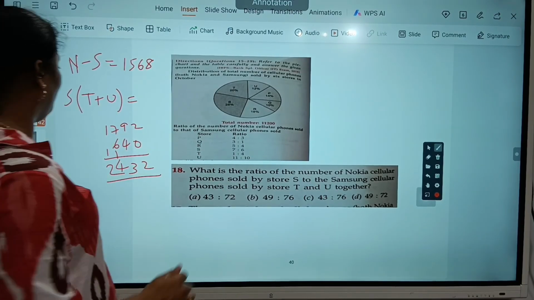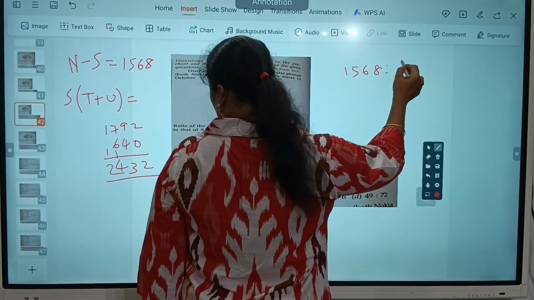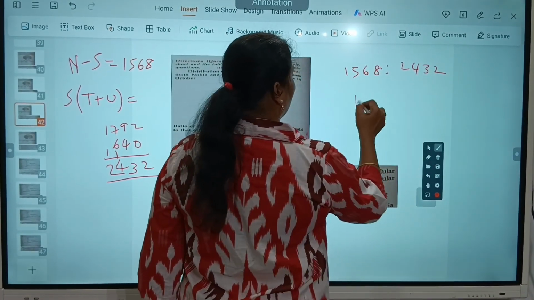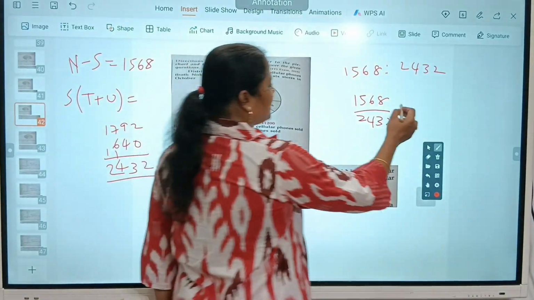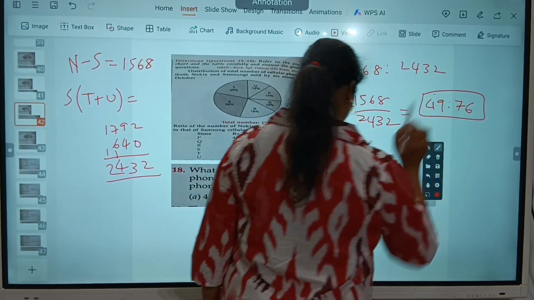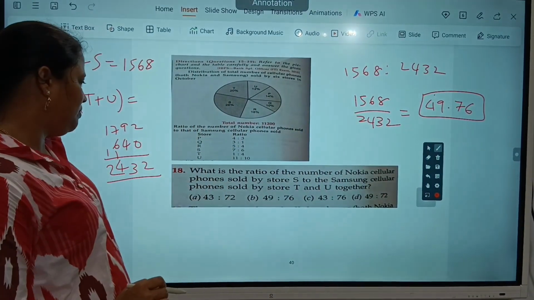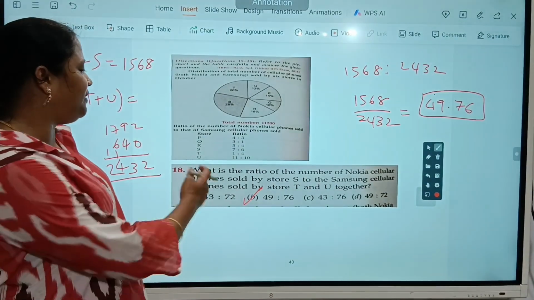Now ratio we have to do 1568 is to 2432. This is nothing but 1568 by 2432. If you solve, you will get 49 is to 76. So B, 49 is to 76 is the answer of this question.